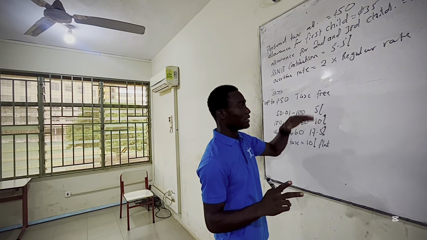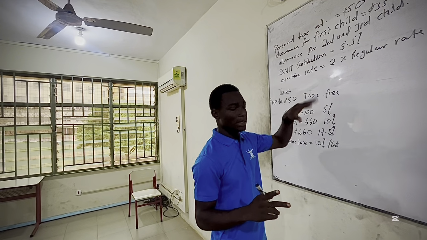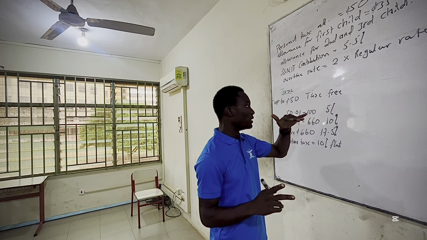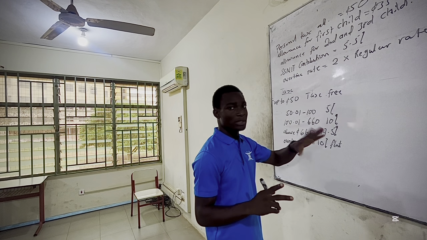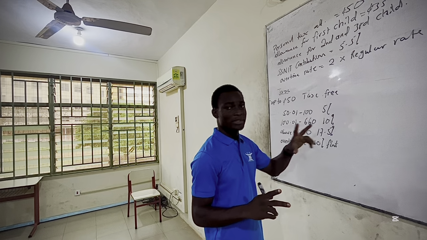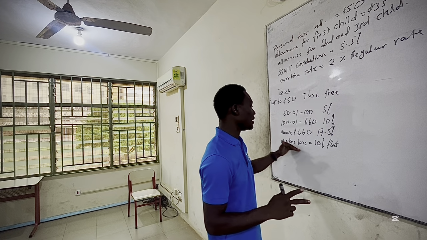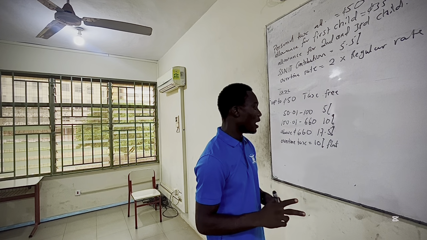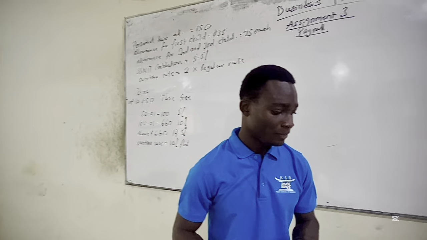Then we have our tax system, where up to 50 Ghana cedis is tax free. Then from 50.01 to 100 is 5%, 100.01 to 660 is 10%, and above 660 you are paying 17.5%. And then all overtime is taxed 10% flat.